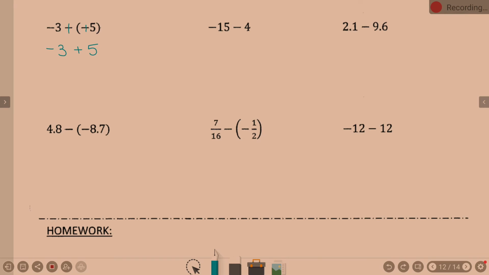In order to add a negative and a positive, it says to subtract the two numbers and use the sign of the larger number. So if we subtract these two, 5 minus 3 is what? 2. +2 or -2? +2, because 5 is bigger and positive in that previous statement.